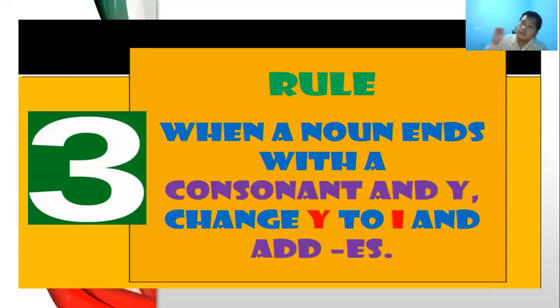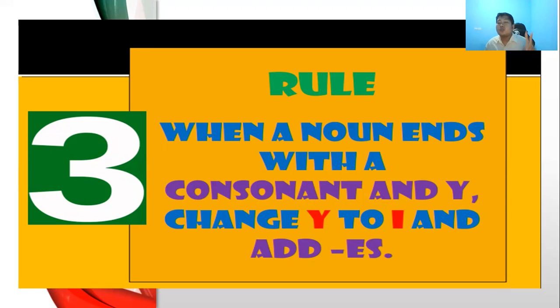Rule number three. When a noun ends with a consonant and y, okay, consonant and y, we have to change y to i and add es. Rule number one, add s to most nouns.